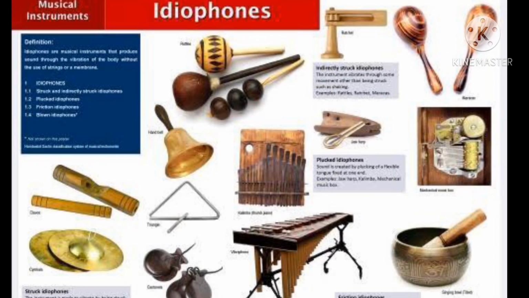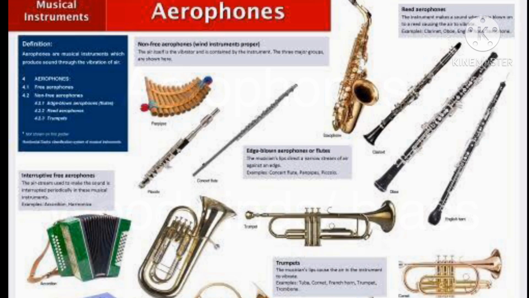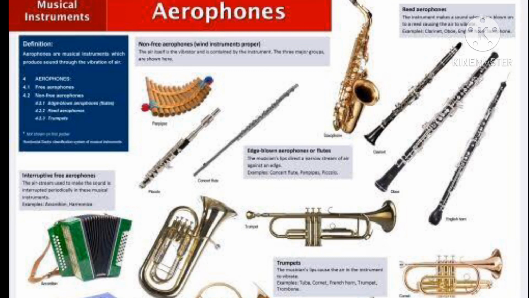To recap our lesson, here are the different classifications of musical instruments. Idiophones produce sound by the vibration of their body caused by the way they are played, such as being struck, rubbed, shaken, or plucked. Aerophones produce sound primarily by causing a body of air to vibrate because of the air blown inside.